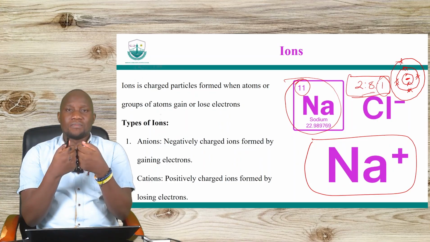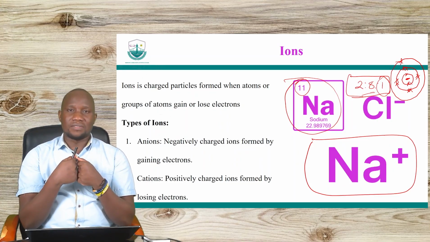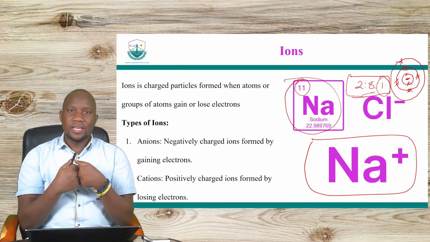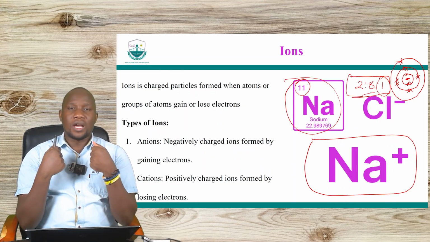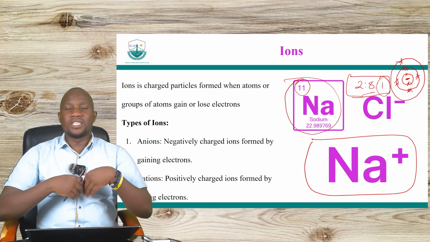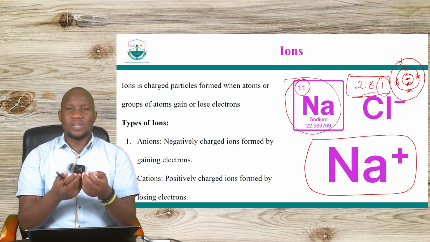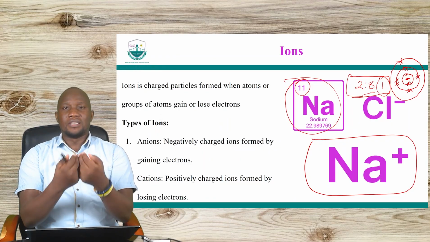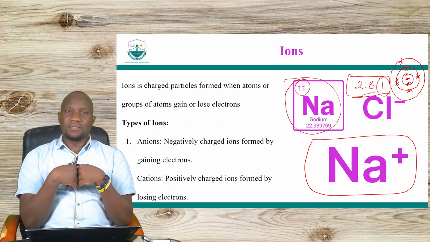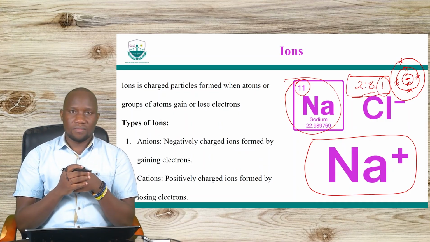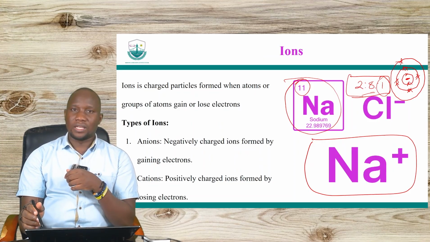The particle becomes negatively charged. If a neutral atom loses an electron, it loses a negative charge, it becomes positively charged. So that is what happens with sodium, and that's why it has a +1.